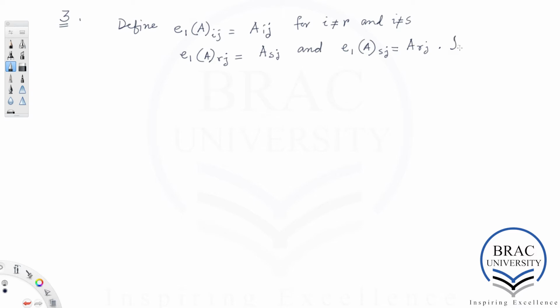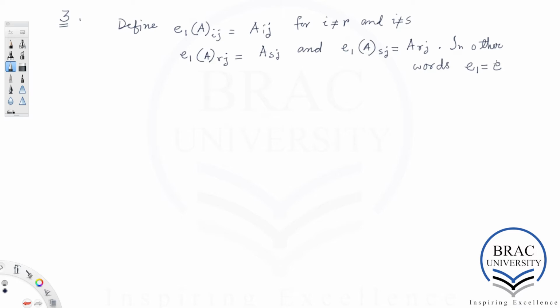So in other words, we are taking E1 to be exactly equal to E. The two operations are the same. So E is an elementary row operation of the third type, and E1, its inverse, is taken to be equal to itself.